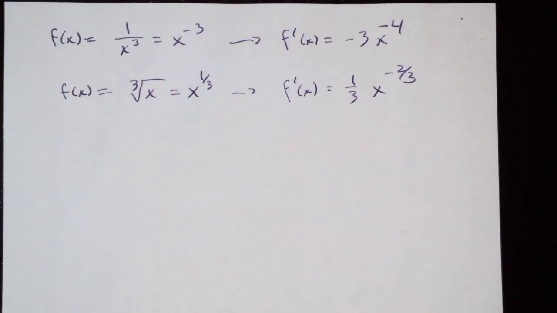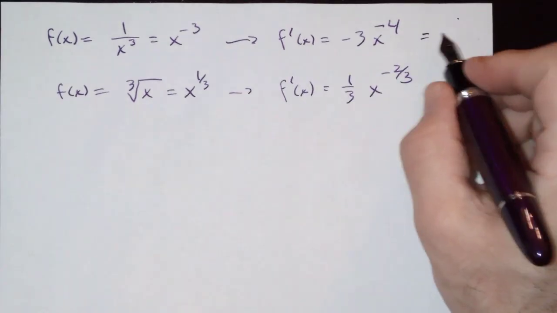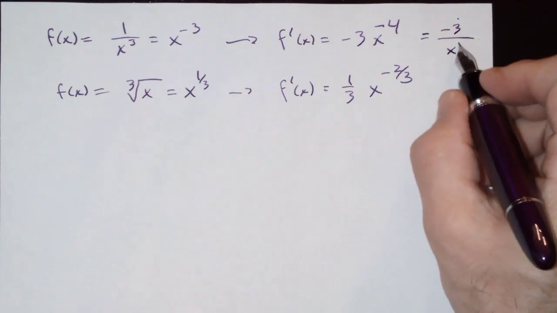Yes. On a test, would you want us to revert it back to a fraction once we get it? That's really your call. I'm perfectly fine leaving it like this, but you are going to see in the textbook that they will not leave negative exponents or fractional exponents. So this would get written negative 3 over x to the fourth.